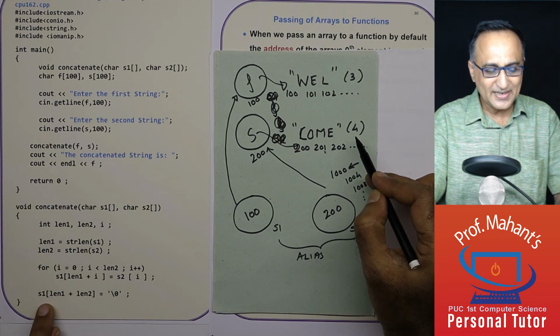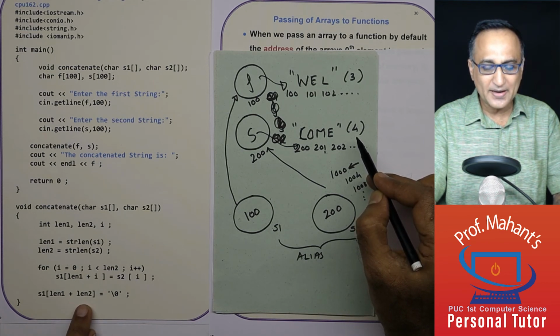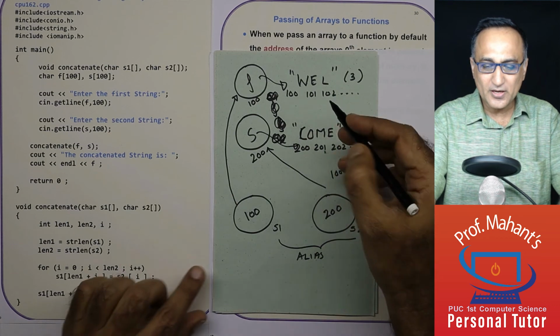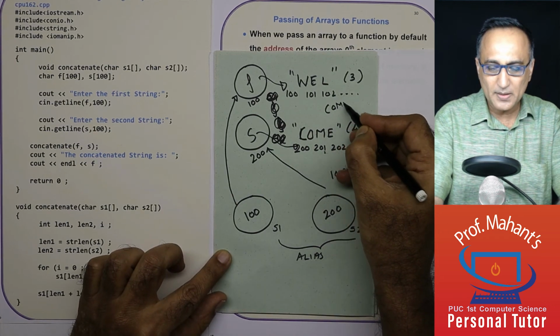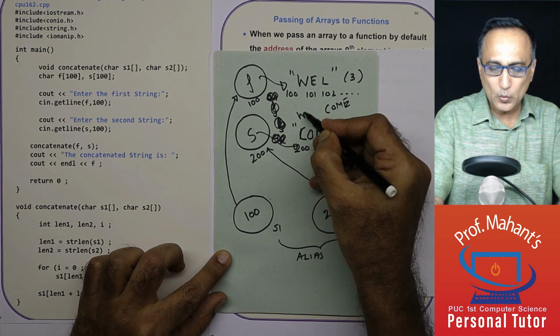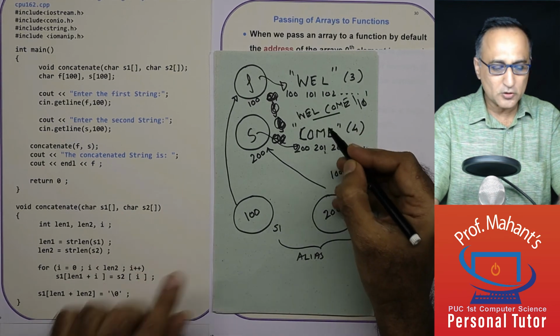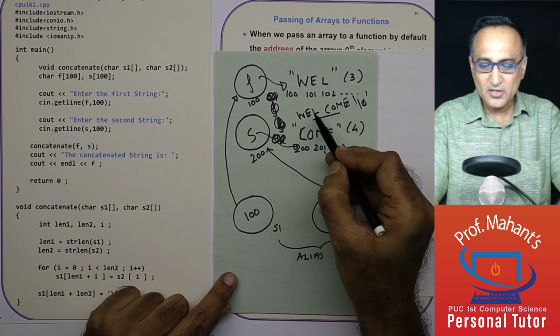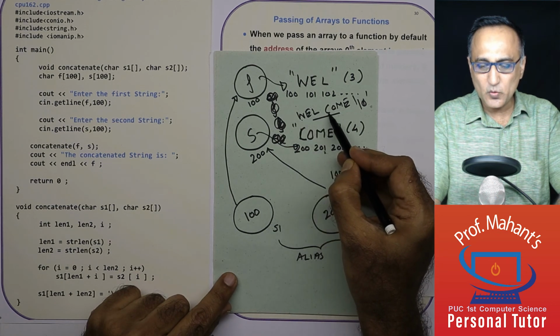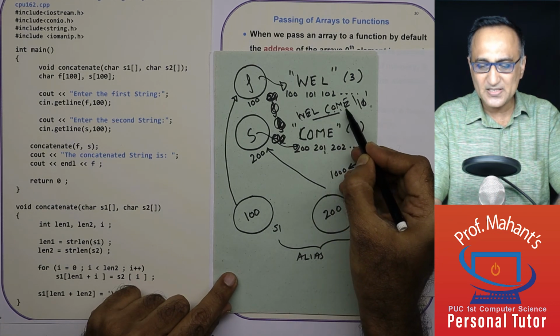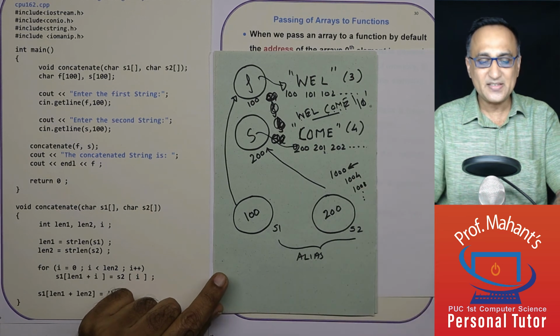And the length of L1 plus L2 I am adding and I am making a null. So F is going to contain the word COME also. It's going to contain WELCOME, and then you're going to have the null character. So this is at 100, 101, 102, 103, 104, 105, 106, and the null is going to be at 107.